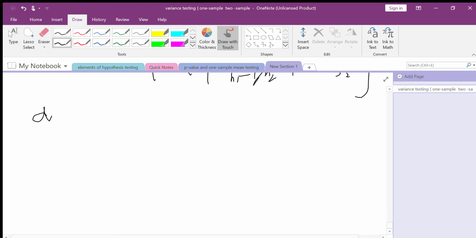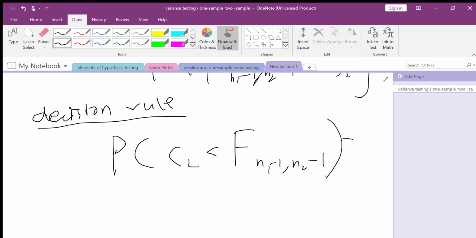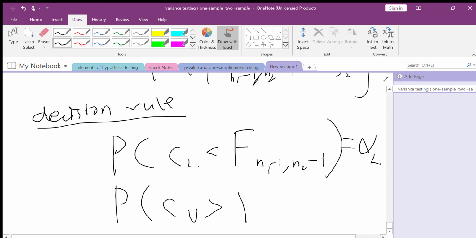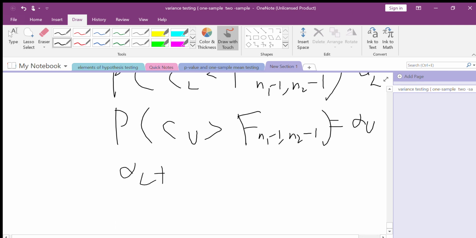And for the decision rule, the probability of a random variable following the F distribution with n1 minus 1 and n2 minus 1 degrees of freedom being less than the left endpoint equals alpha L. The probability of F being greater than F(n1 minus 1, n2 minus 1, alpha U) equals alpha U, and we need alpha L plus alpha U equals alpha.